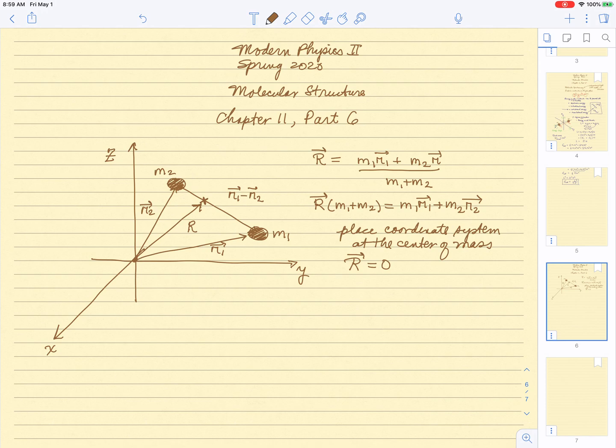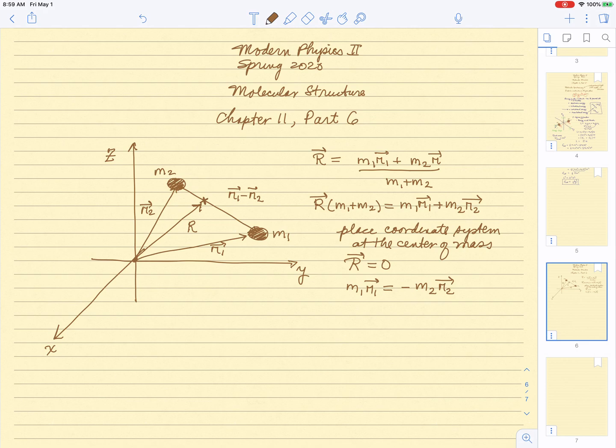Okay, so let's deal with that. Okay, so again, if R is equal to 0, this would say that M1 R1 vector is equal to negative M2 R2 vector.